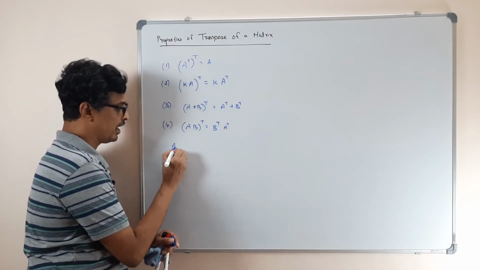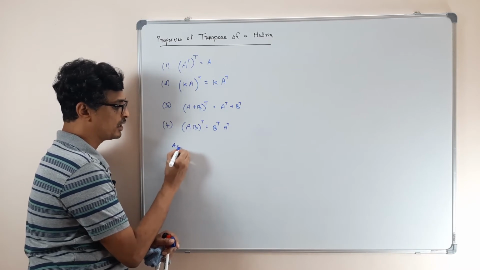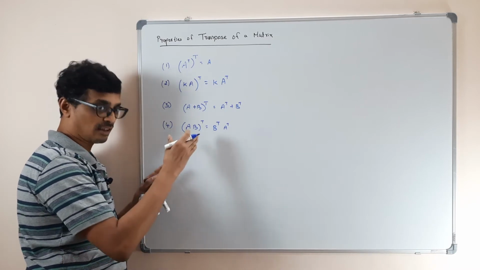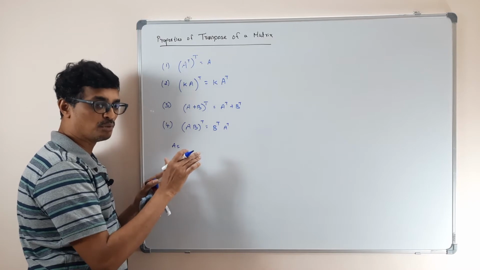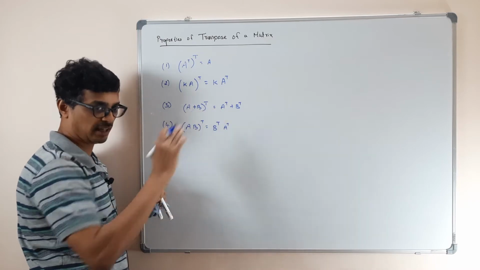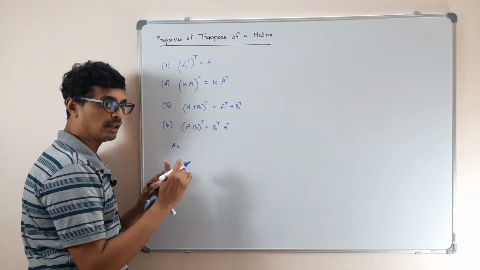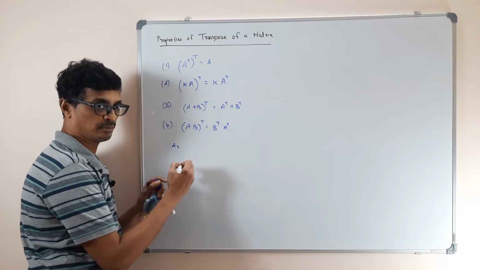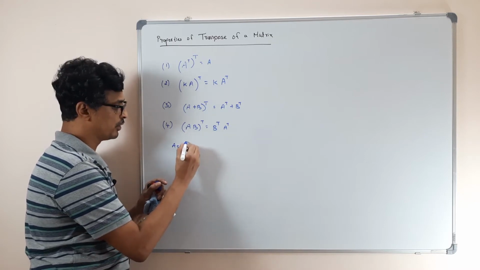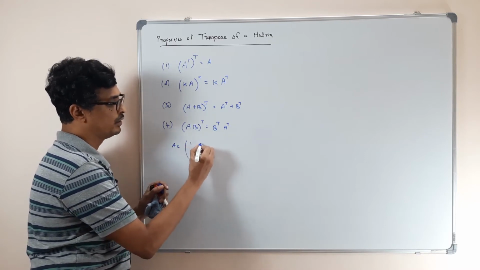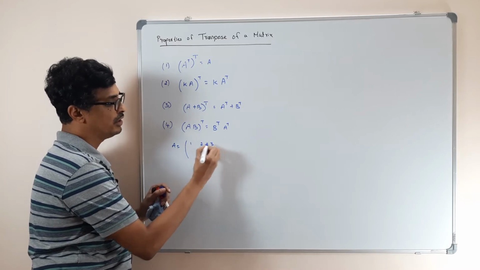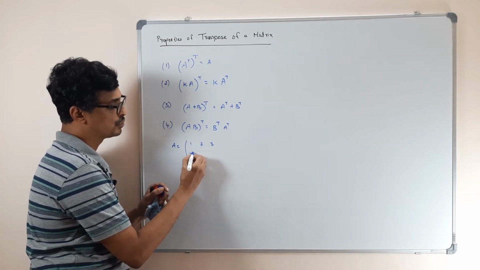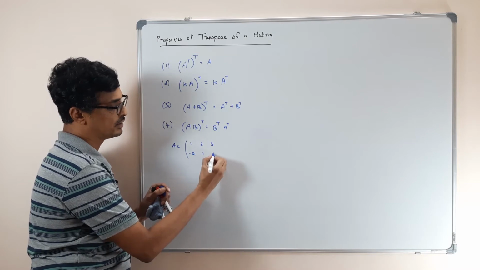So we are going to take A. If you remember, conformable means the column of the first matrix should be equal to the row of the second matrix. So let us take a 2 cross 3 matrix: 1, 2, 3, minus 2, 1, 0.